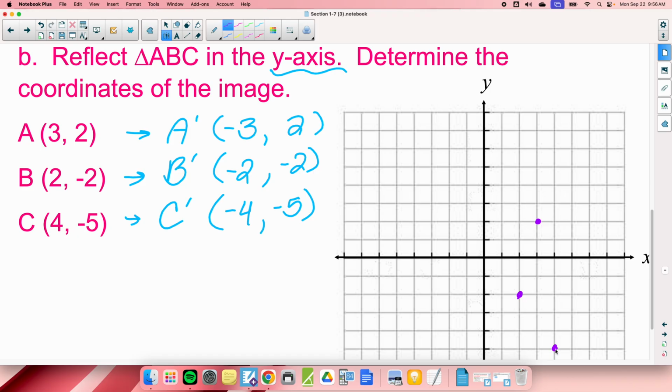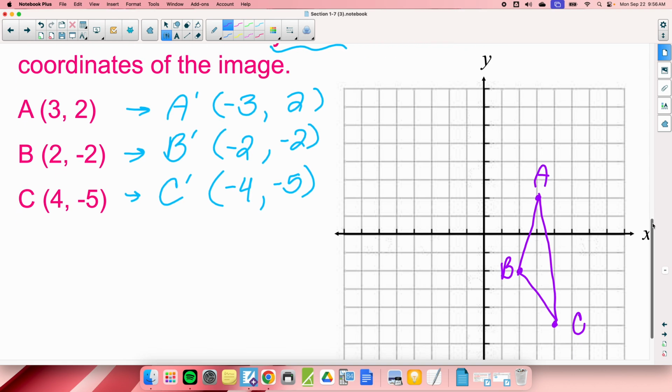Okay, and then you have to label those A, B, and C, and then connect the dots. Now if you like doing the rule, you guys, you can just plot these three and connect them, and then kind of check that they look correct.